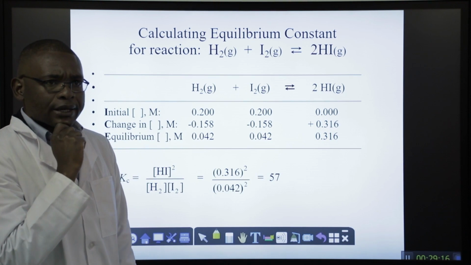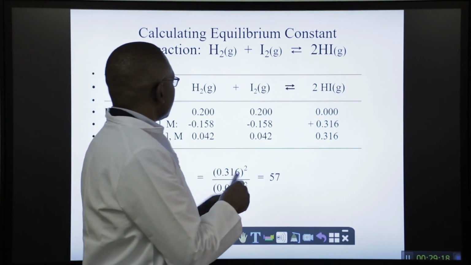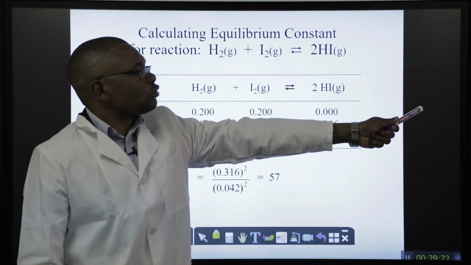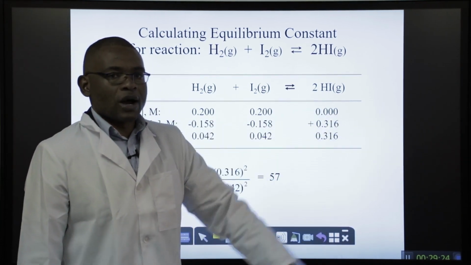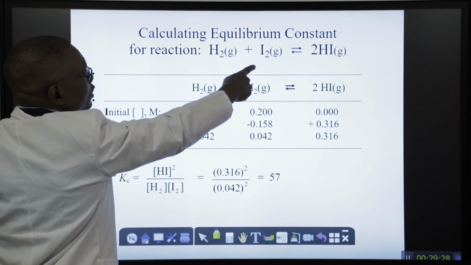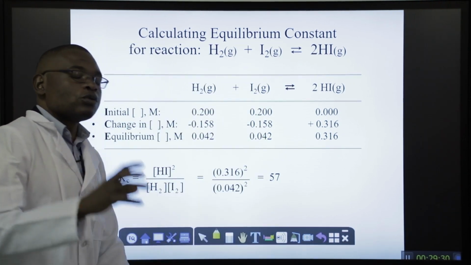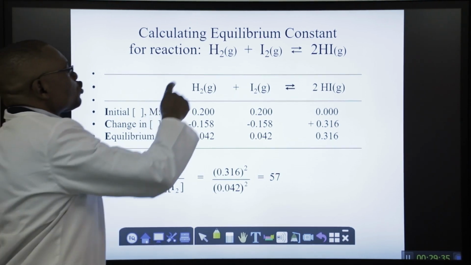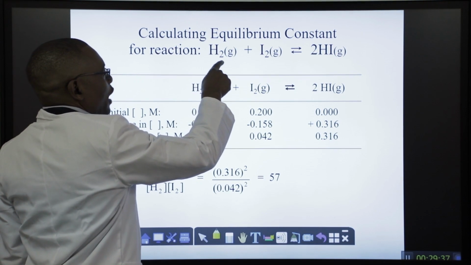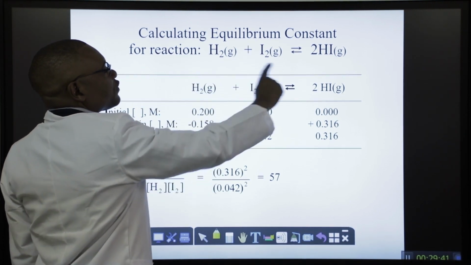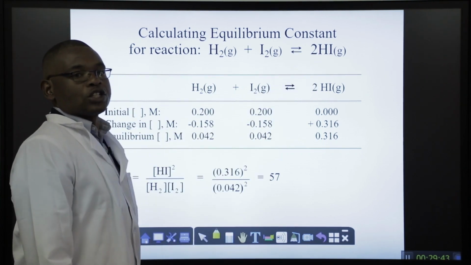You could be wondering, but we changed this 0.158 to a concentration of 0.316. What is happening? If you look at this reaction and consider the ratios, you will see that 1 mole of hydrogen and 1 mole of iodine gives us 2 moles of hydrogen iodide.